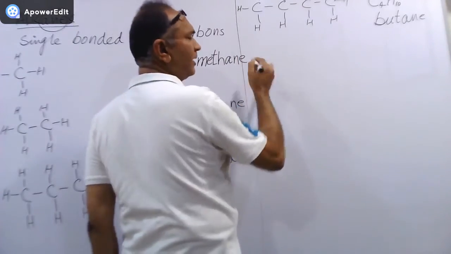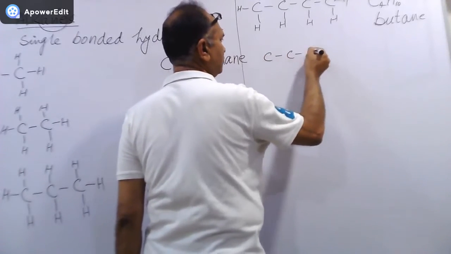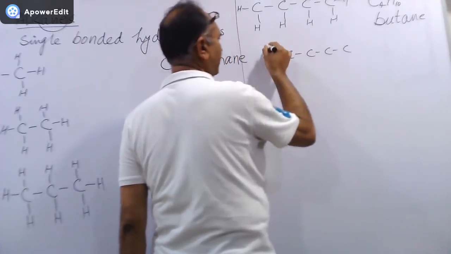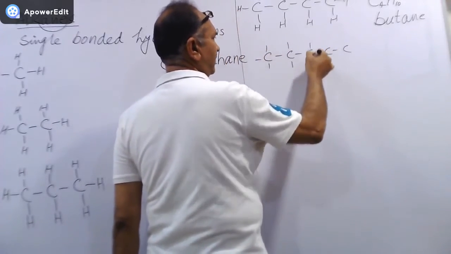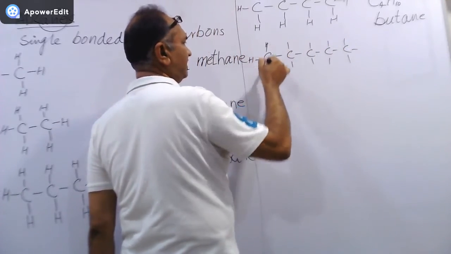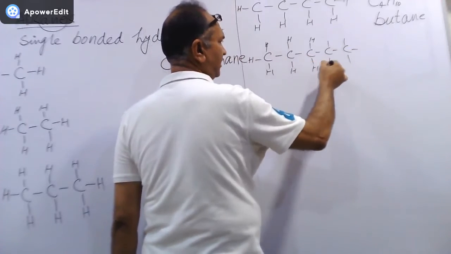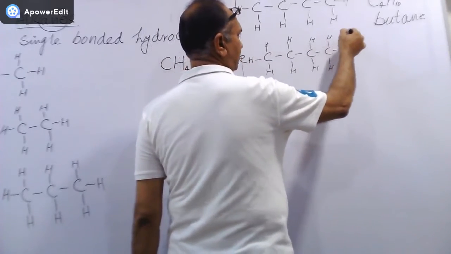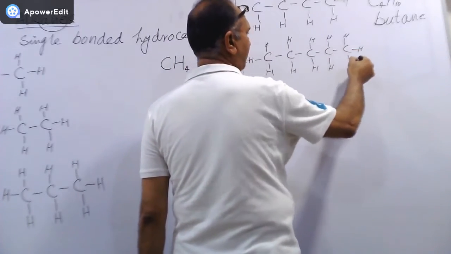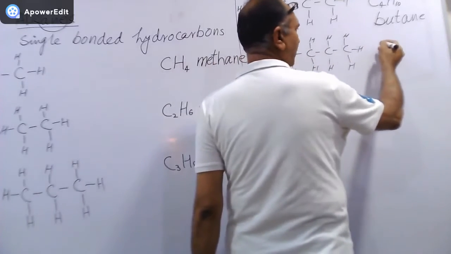Similarly, you can write, a little bit quicker now: 1, 2, 3, 4, 5 carbons, representing valencies by dashes. How many carbons in all? 1, 2, 3, 4, 5. How many hydrogens in all? 12.